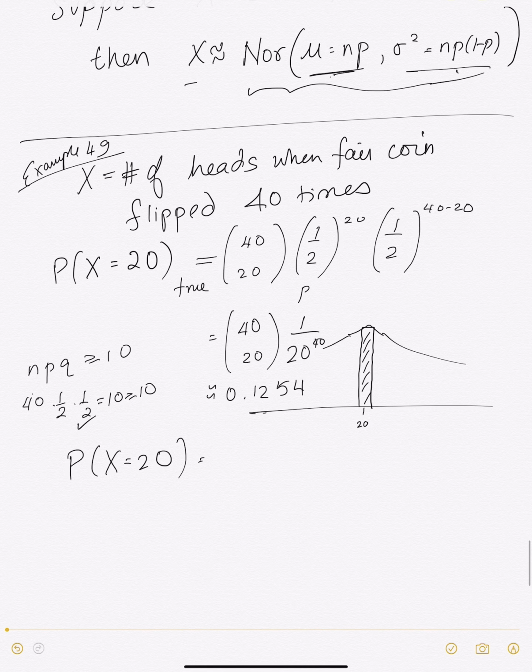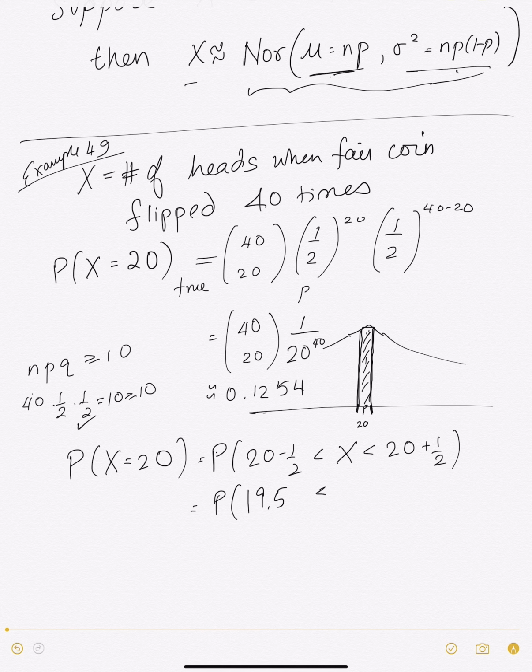So if we want the area of this bar, which is exactly the probability X equals 20, we should go a little to the left and a little to the right to include the whole bar. Not a little, meaning half to the left and half to the right. So this is the same as X being between 20 minus a half and 20 plus a half. Okay, so that's the probability 19.5 less than X less than 20.5.